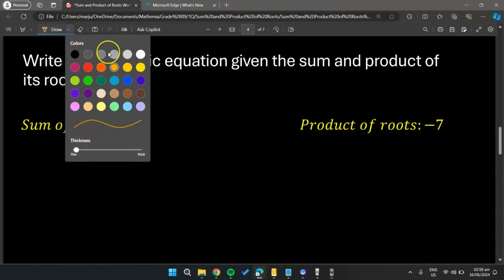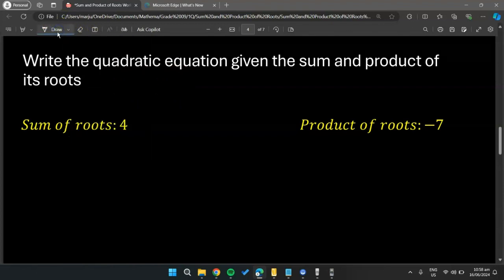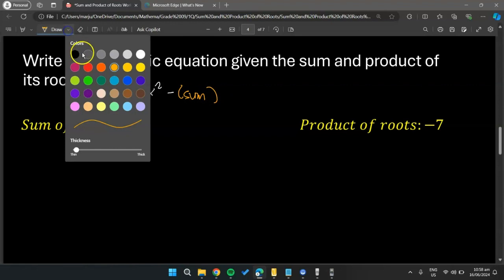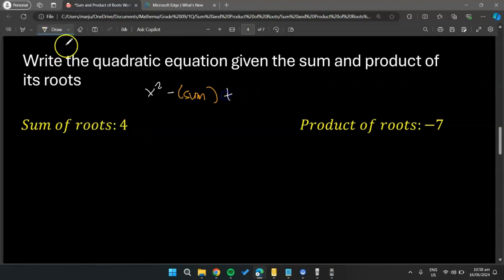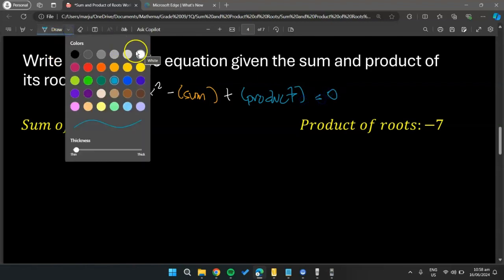Now, I want us to remember that if you have the roots of a quadratic equation, the equation can be written as x squared minus the sum of the roots times x, and then plus the product of the roots equals 0. We forgot we should have x here.